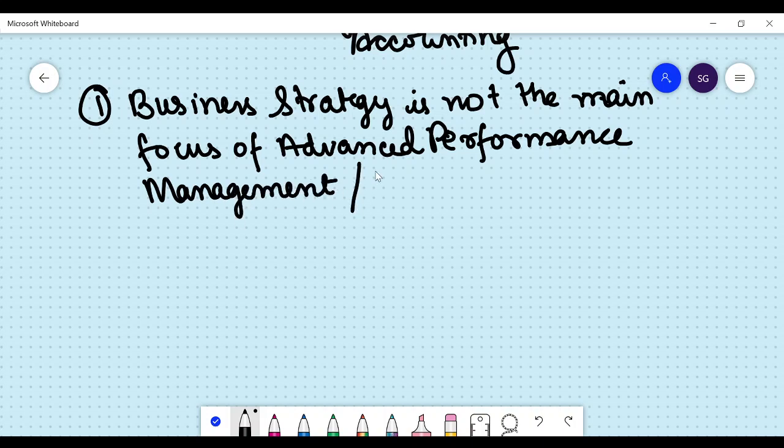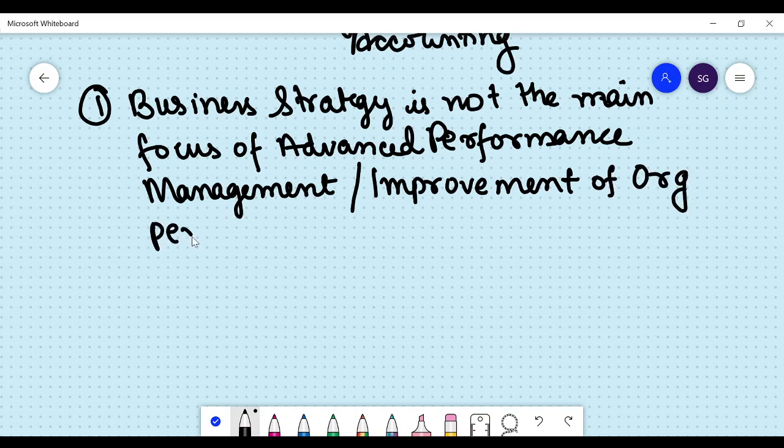Rather, improvement of organizational performance is the main focus of advanced performance management.